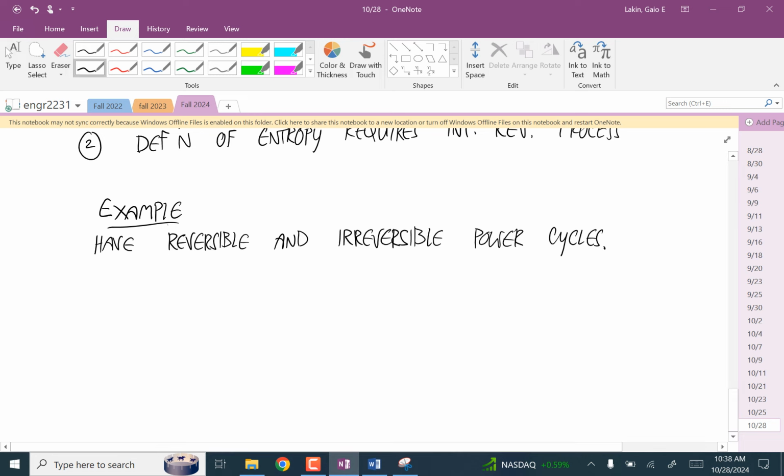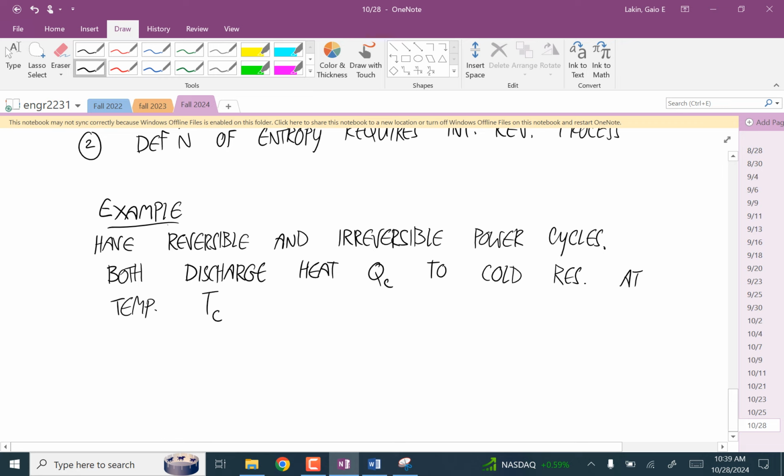And let's say both of these discharge an amount of heat QC to a cold reservoir at a temperature TC. Okay.